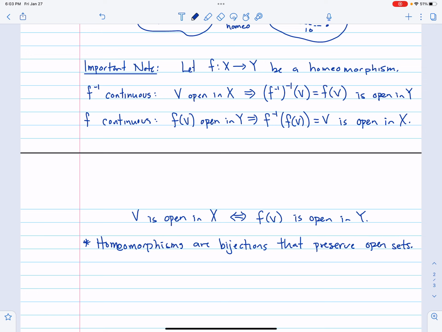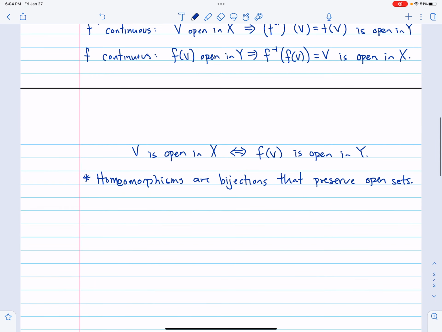In other words, if I have a homeomorphism from X to Y, it induces a one-to-one correspondence between the open sets in X and the open sets in Y. Every open set in X corresponds uniquely to an open set in Y by just looking at its image, and vice versa. Okay? So although homeomorphisms don't preserve the metric, they do preserve the open sets that are defined by the metric.